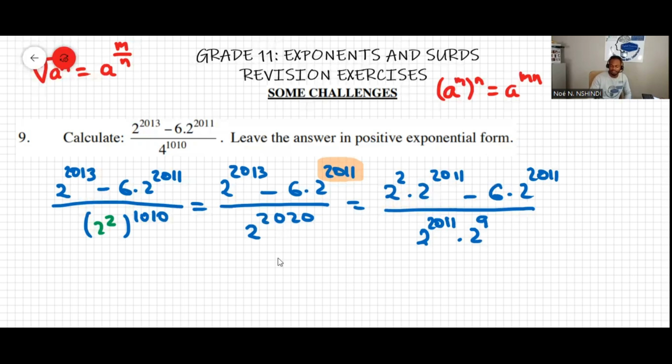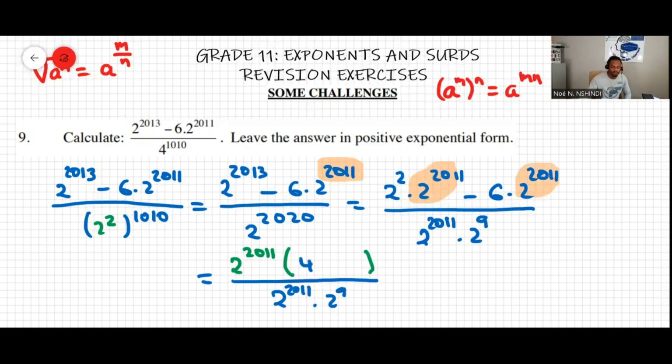Then we can take 2 to the 2011 as common factor, all over 2 to the 2011 multiplied by 2 to the power of 9, and that's going to be 2 squared, which is 4, minus 6. Then we can simplify this and that, and 4 minus 6 is just negative 2 over 2 to the power of 9.